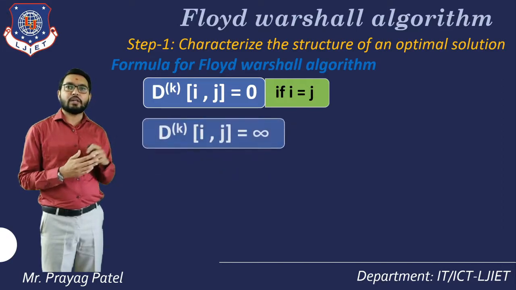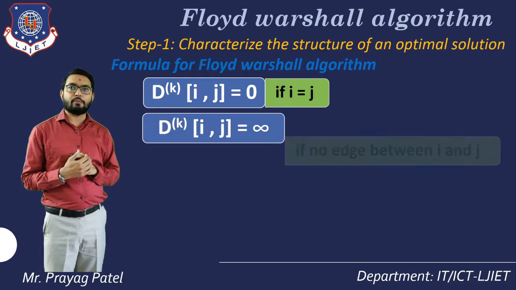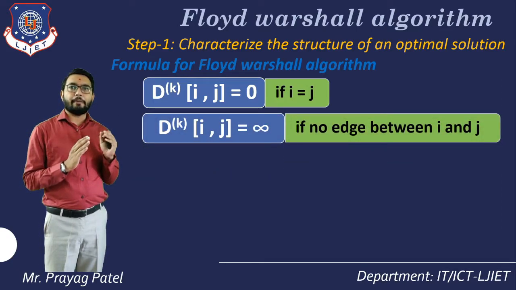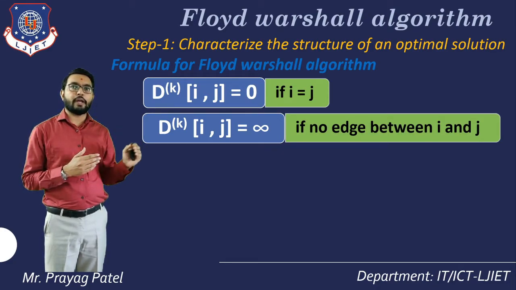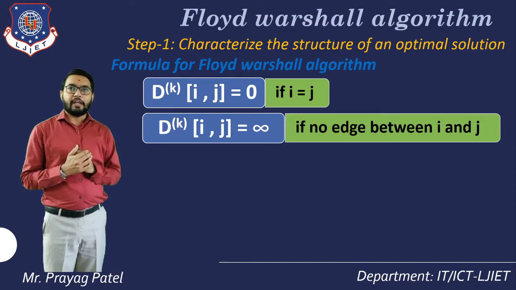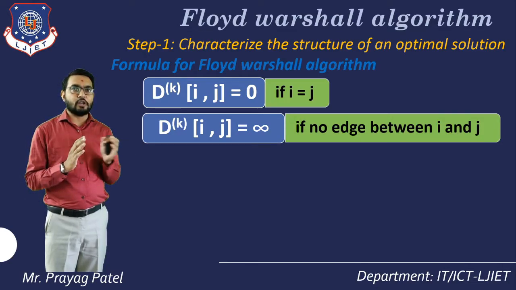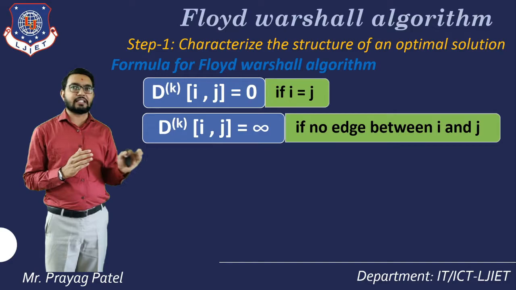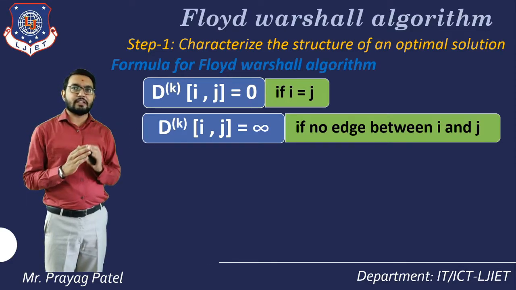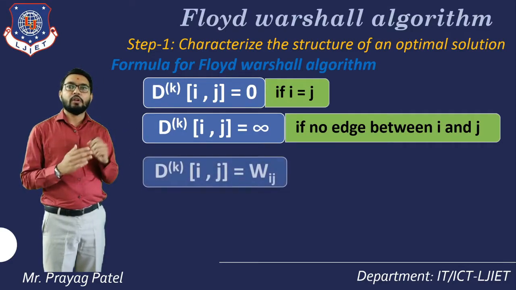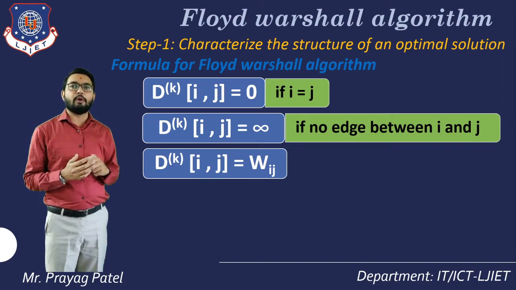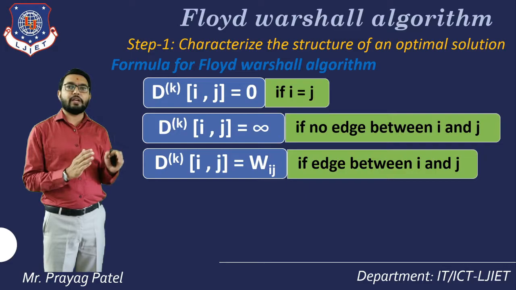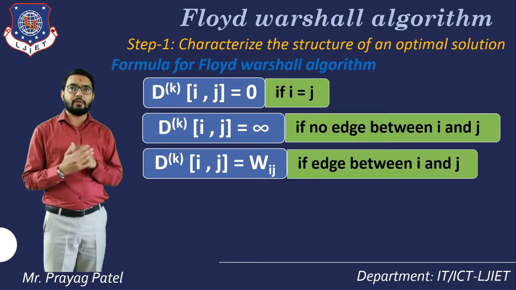the distance is considered 0, means the self node has a 0 answer. Now the second formula: d of k ij equals infinity if there is no edge between i and j. If the path from i to j is not available, then initially consider the i to j distance equal to infinity. Now the third formula is d of k ij equals w ij if an edge between i and j is available.